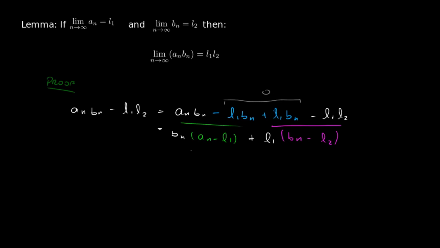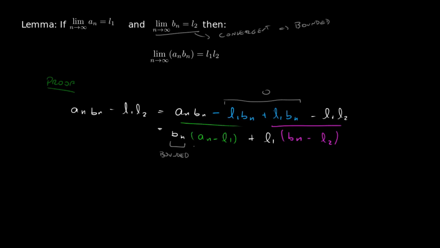So what we have here is b sub n. b sub n has this limit, and we know that any convergent sequence implies that the sequence is bounded. Again, this is something we proved in the previous video. So b sub n is bounded.